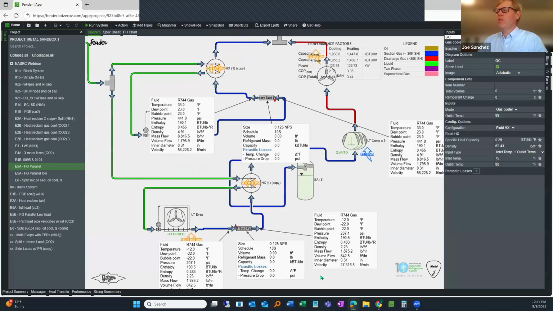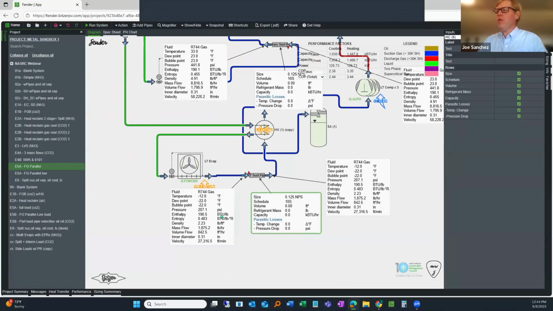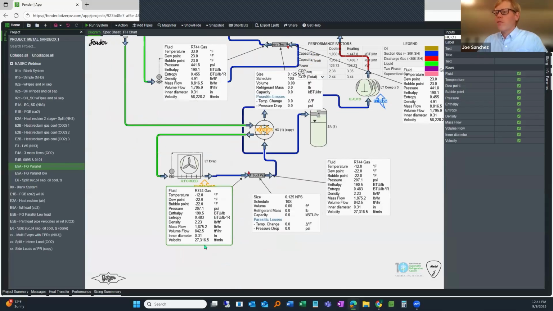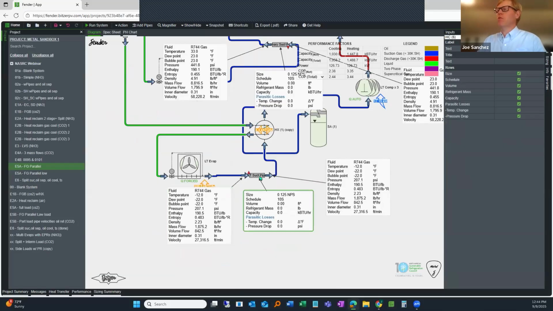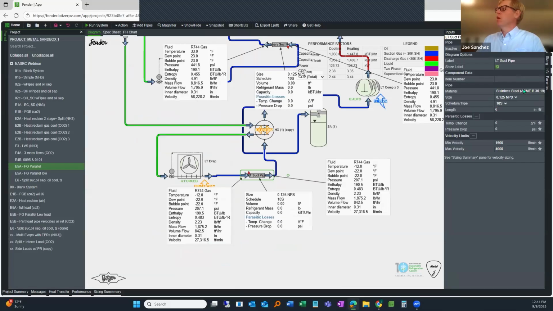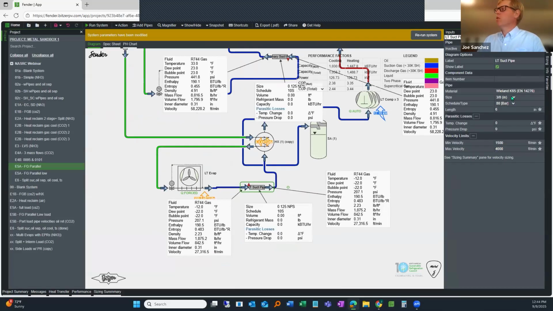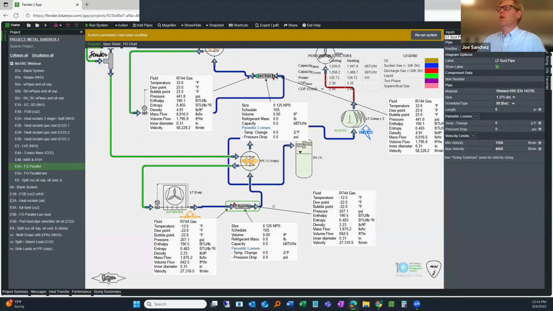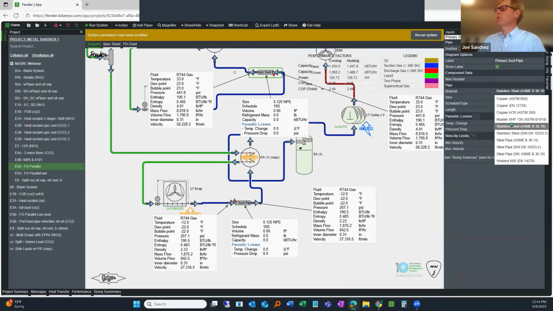Just zooming in on these pipes here, you can see that I've got 27,000 feet per minute going through these pipes. That's probably because the default was 1/8 inch. So I'll pick a size for one of these. Let's do 1 3/8 and Mueller Keep Top.